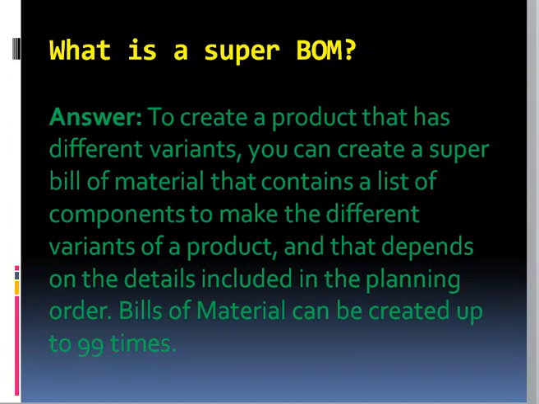Answer: To create a product that has different variants, you can create a super bill of material that contains at least the components to make the different variants of a product, depending on the details included in the planning order. Bills of material can be created up to 99 times.